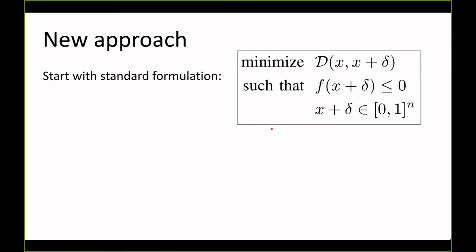So in the new approach used in this paper, they start with the standard formulation, which is to minimize the size of the perturbation, under the constraint that the perturbed image is of a different class, that is, f of x plus delta is less than or equal to 0, and also that x plus delta is in [0, 1], or rather that it's a valid image.